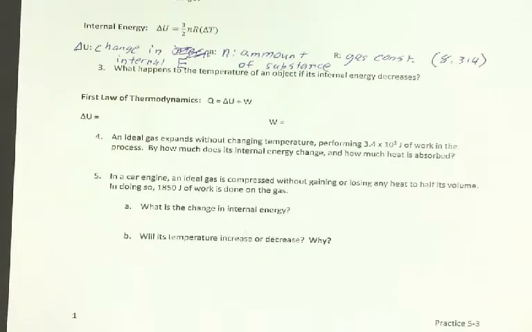So what do you think is going to happen to the temperature? Bigger, smaller, or stay the same? What do you think? You are correct. It is going to be less.